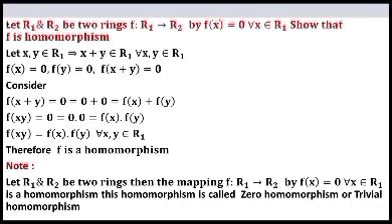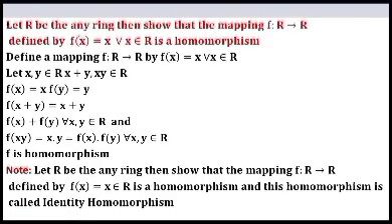Therefore, f is a homomorphism. Note: if R1 and R2 are two rings, then the mapping f from R1 to R2 by f of x is equal to 0 for all x belongs to R1 is a homomorphism. This homomorphism is called the zero homomorphism or trivial homomorphism.